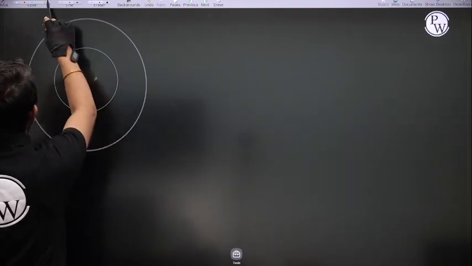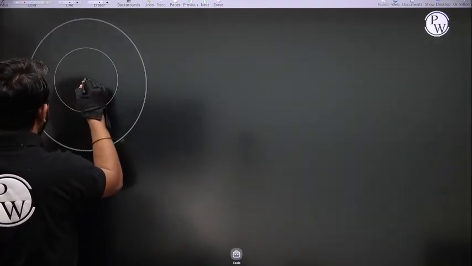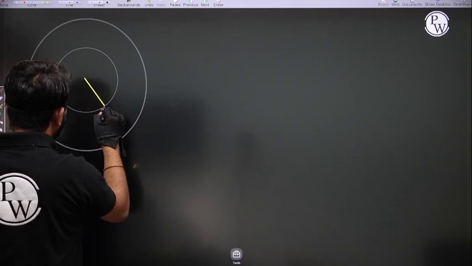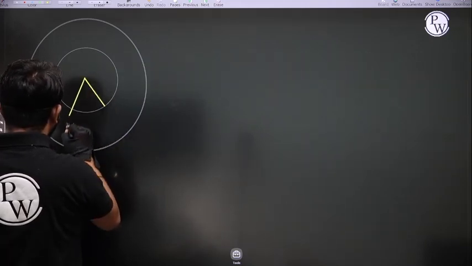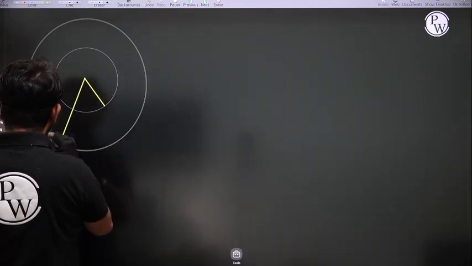This is the center. This radial distance is R1. This radial distance is R2.